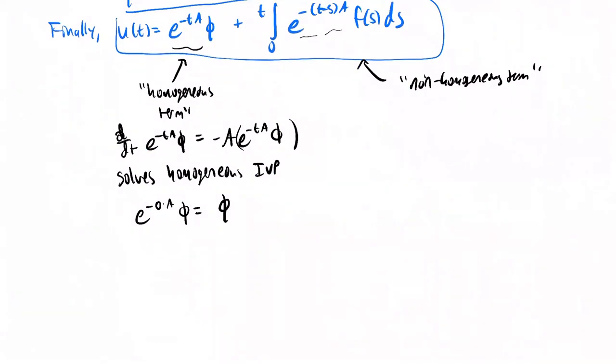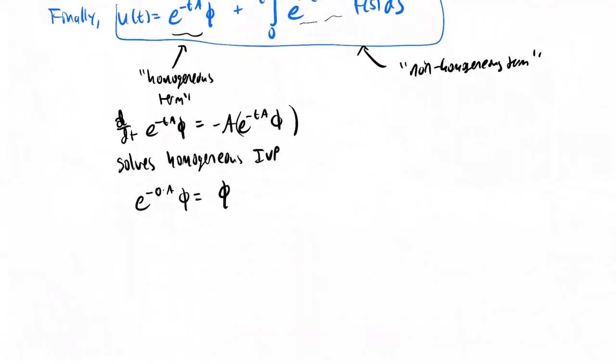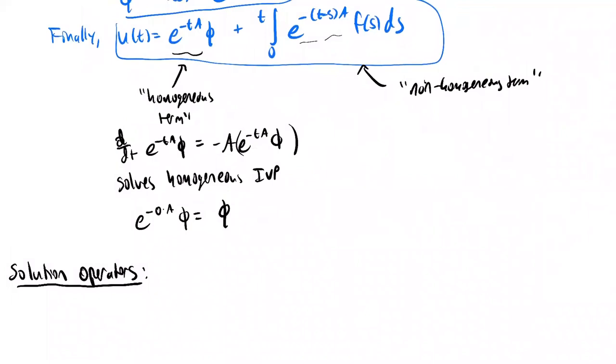And so I want to introduce some new terminology, which will help streamline some of the presentation. We're going to talk briefly about things which are occasionally called solution operators. A quick example: if we look at the ordinary differential equation that we just saw, consider the function that sends phi to e to the minus ta times phi.